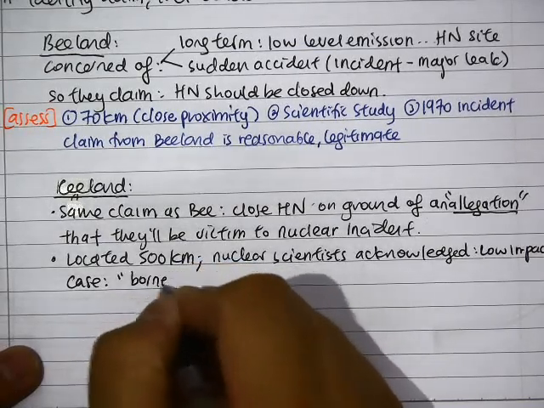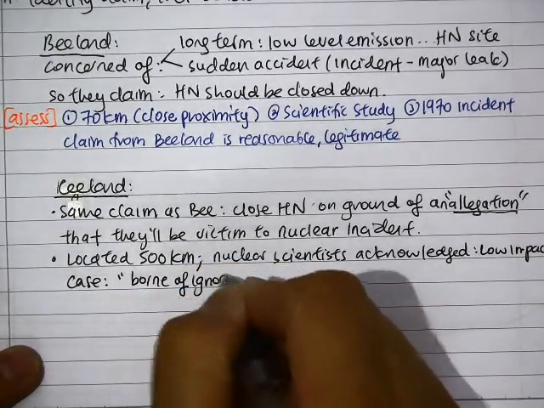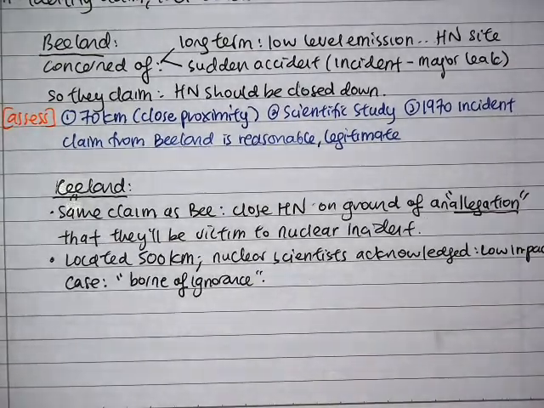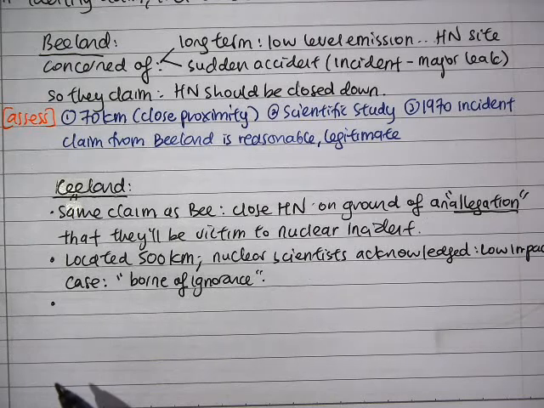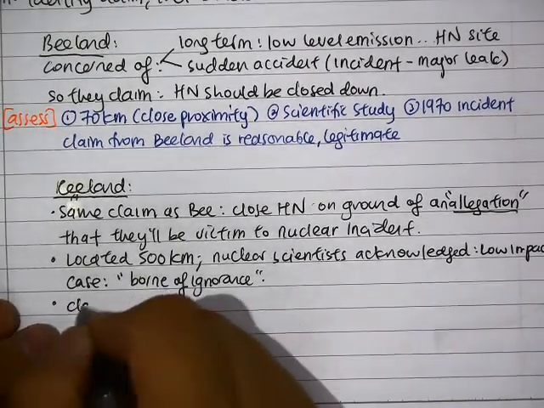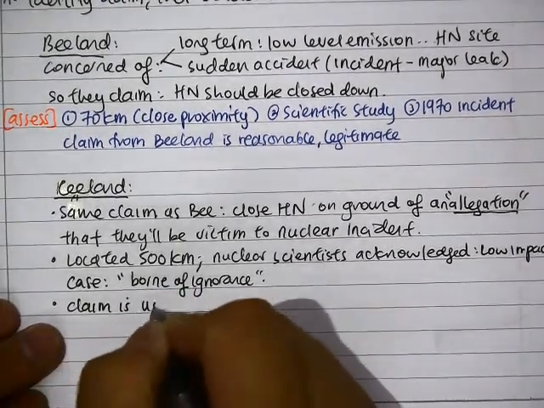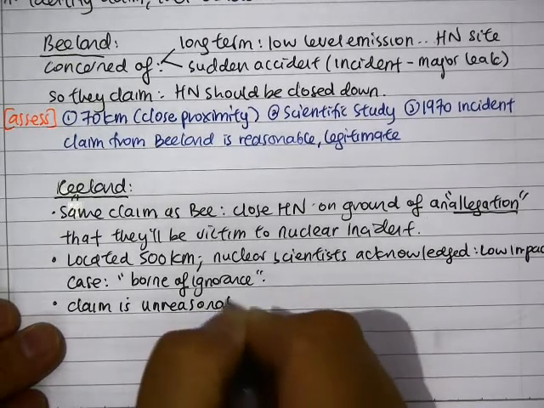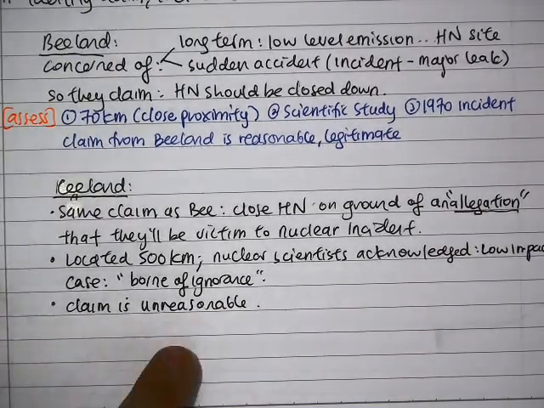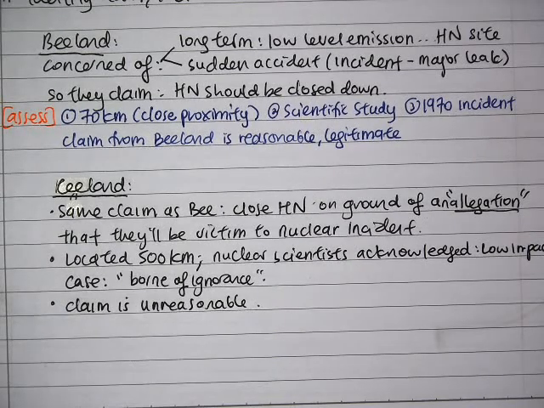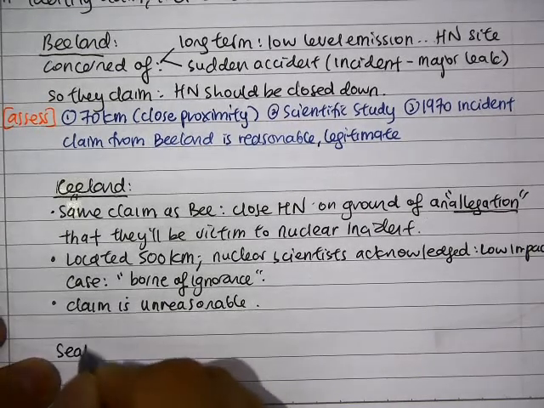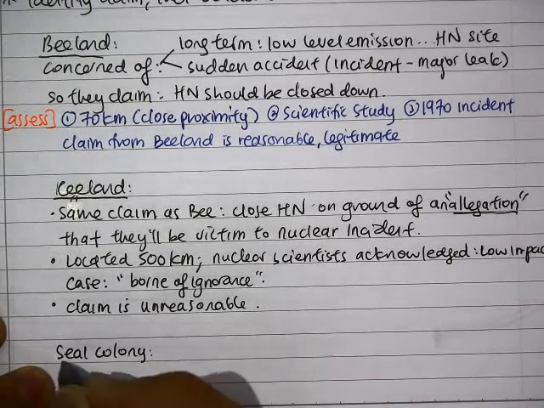The scientists also say, even a much feared incident, which means those incident which is very serious one, even though that kind of incident, it was still unlikely to seriously impact them because they're just too far. So that shows that the nuclear scientists also acknowledge that they will have very low impact. And if you look at the case mentioned that their claim is born of ignorance.